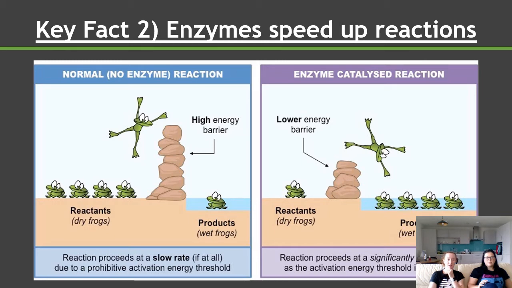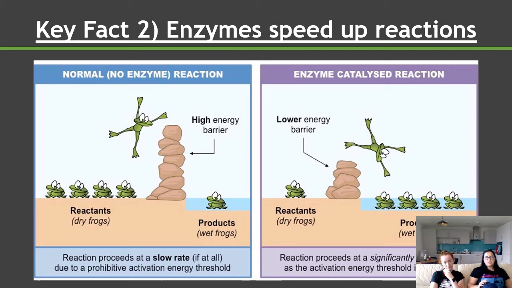Whereas enzymes, they can lower the energy required to actually perform the reaction. So as soon as there's an enzyme there, the energy required for that reaction is less, which means it's going to happen more because it's easier to get to a lower energy value than to a higher energy value. So you're going to be able to do things at a faster rate because that energy required to do it is less.